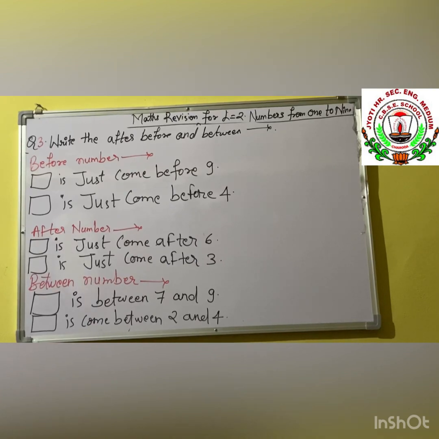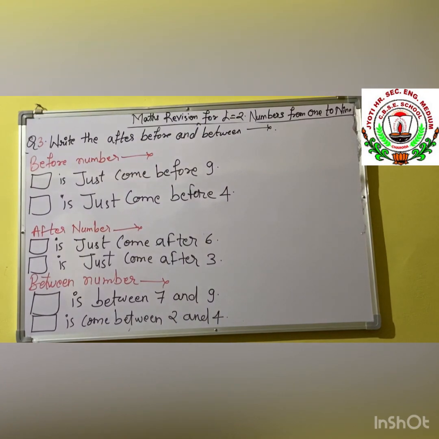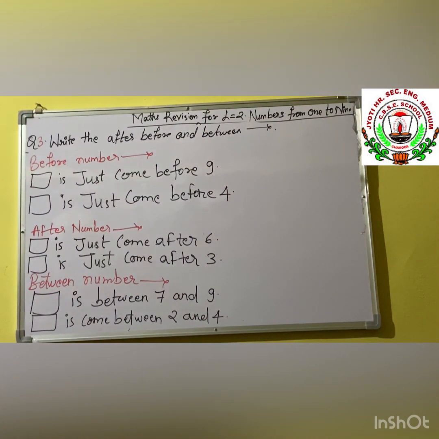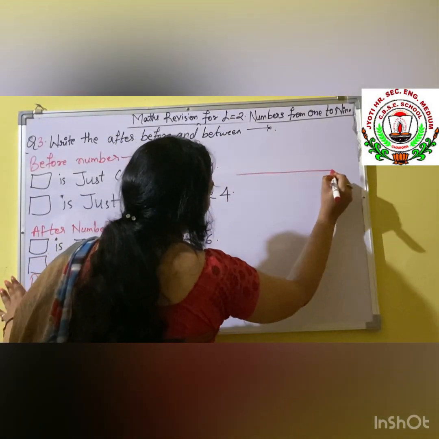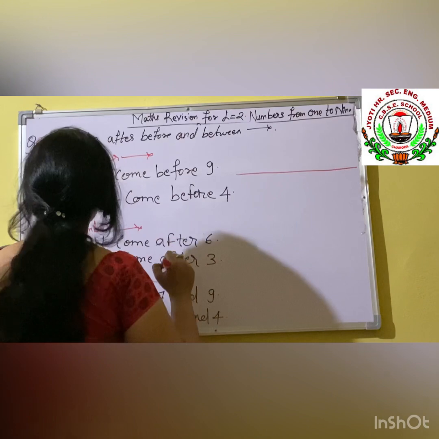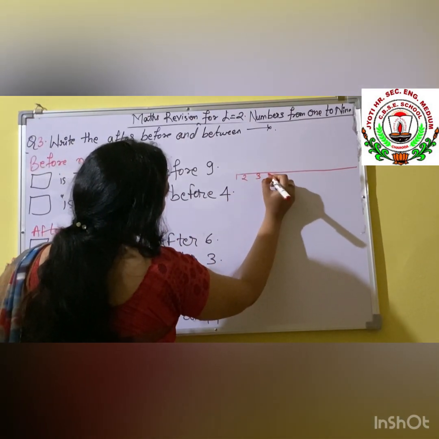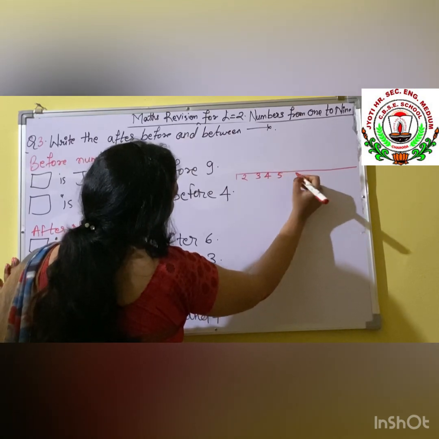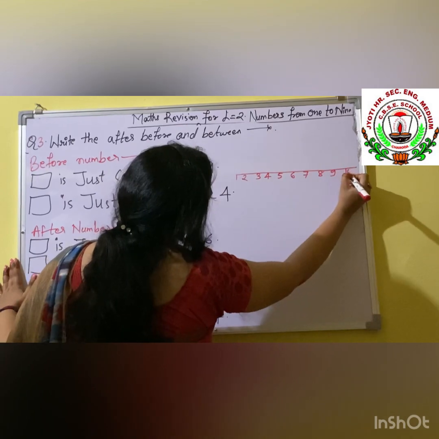Isn't it? First, 9 comes before. I mean, in your left hand, which comes before 9? So shall we count? Here I am drawing a scale for before, after and between numbers: 1, 2, 3, 4, 5, 6, 7, 8, 9 and 10.